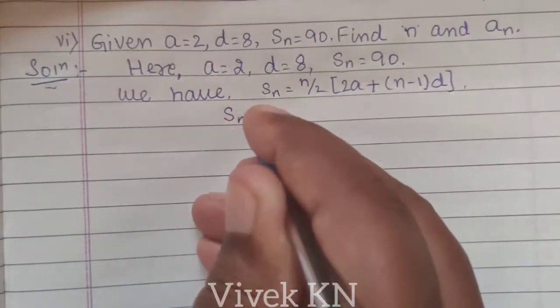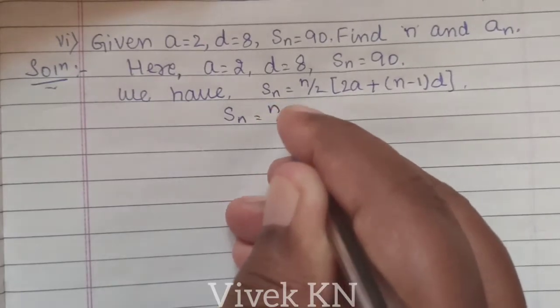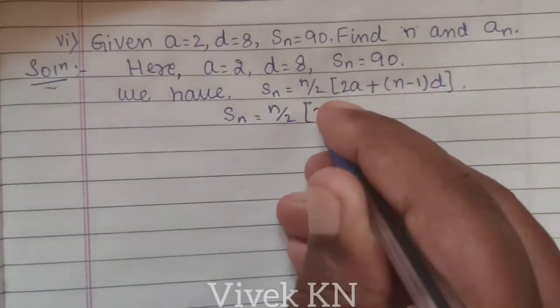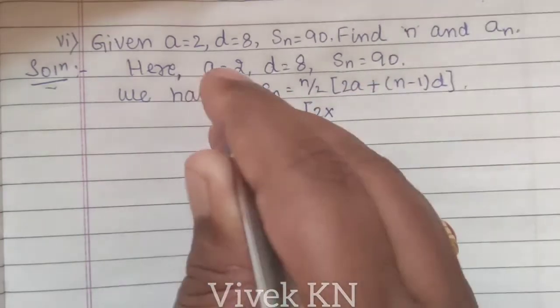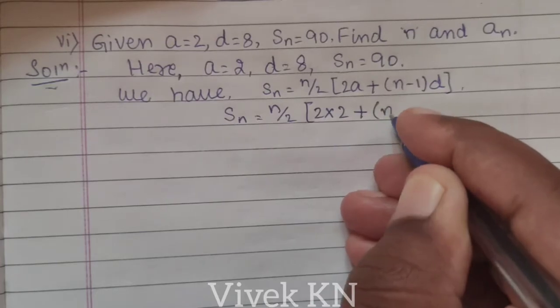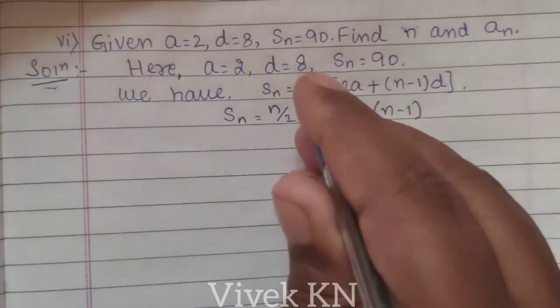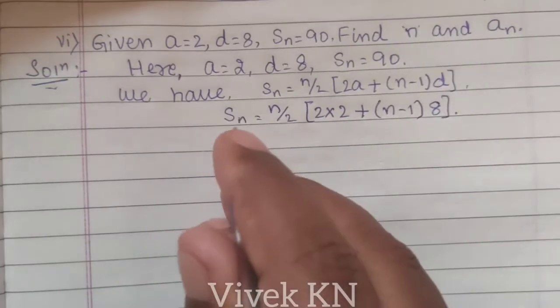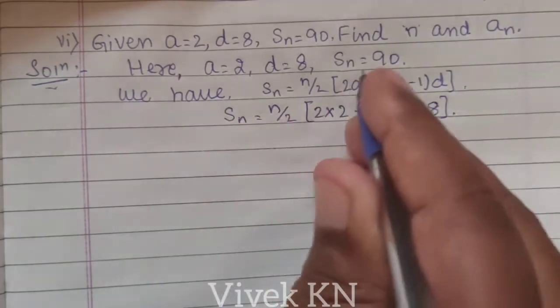Sn is equal to n by 2 into 2 into the value of a, which is 2, plus n minus 1 into the value of d, which is 8. Here the Sn value is 90.